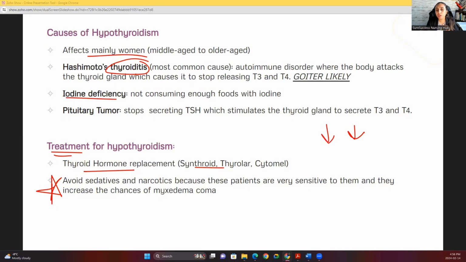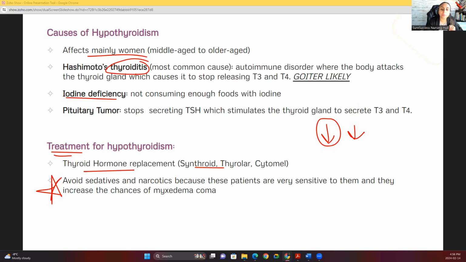Whenever I am having signs and symptoms, for example, in hypothyroidism my body is low. And when I'm sick, what will happen? It will be super low. Agree? And please do not give these patients sedatives and narcotics.